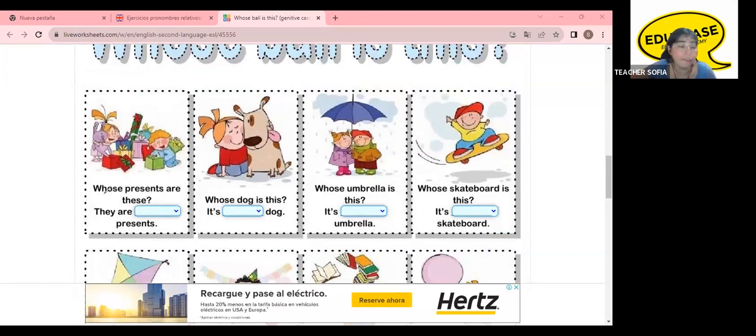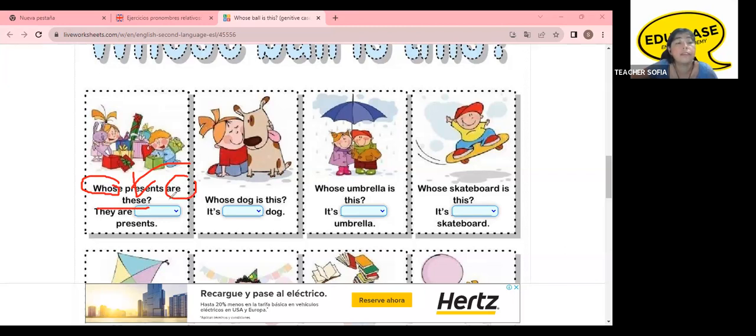Again, we have the W word that we need, in this case to talk about the owner, de quién. The presents is the object I'm asking about, then the verb, and this is a complement.